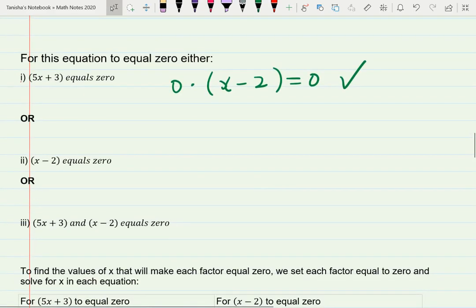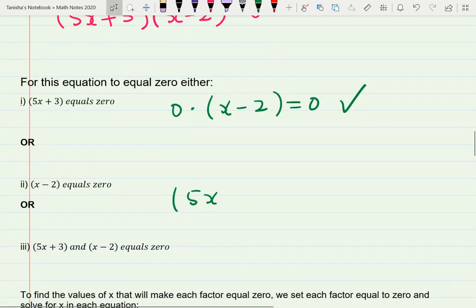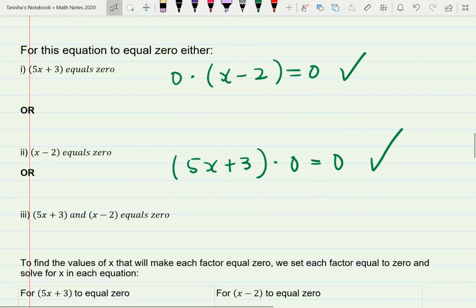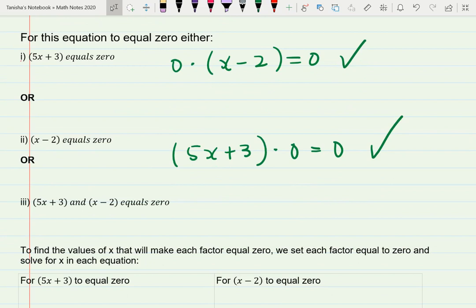Or, in order for this equation to equal 0, the x - 2 factor can equal 0, right? If we have (5x + 3) times 0, because we set the x - 2 factor equal to 0, that's going to give us 0 too. Or, if both of our factors are equal to 0, 0 times 0 is equal to 0.